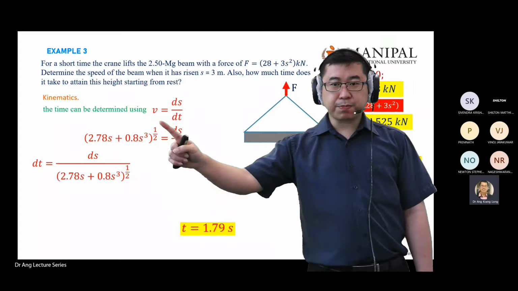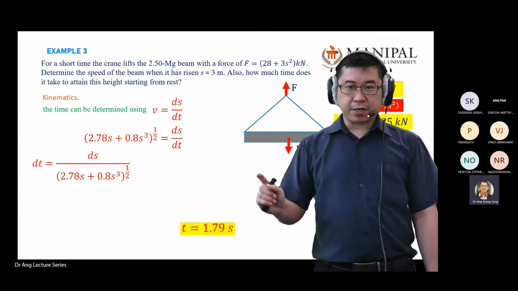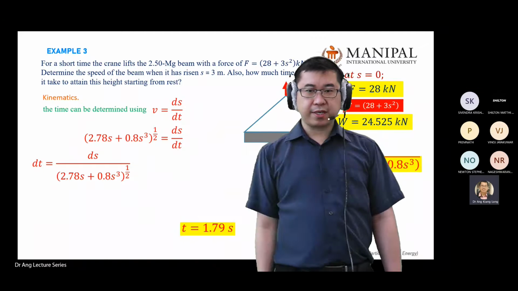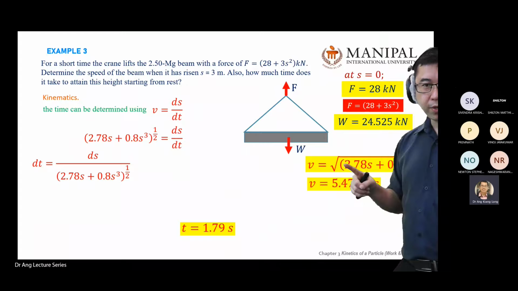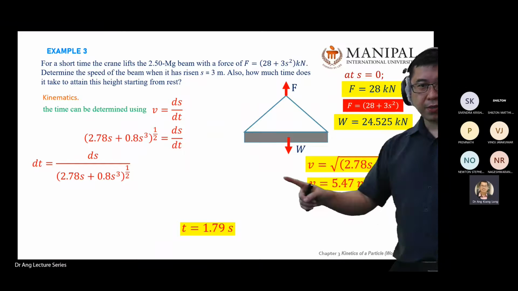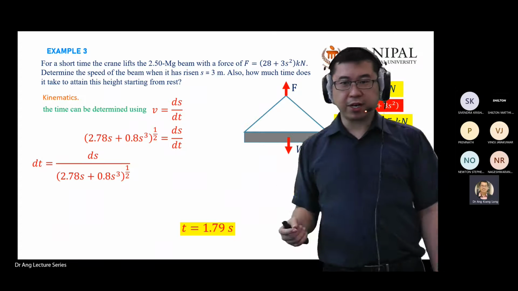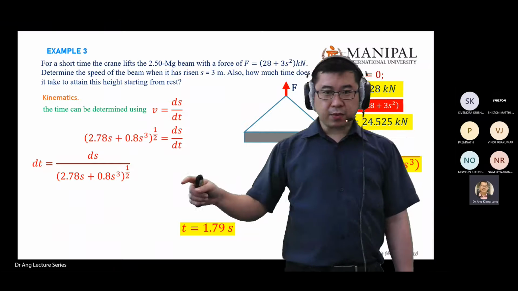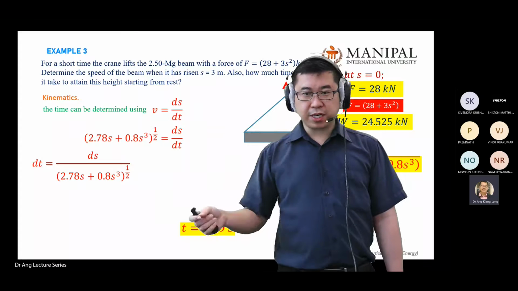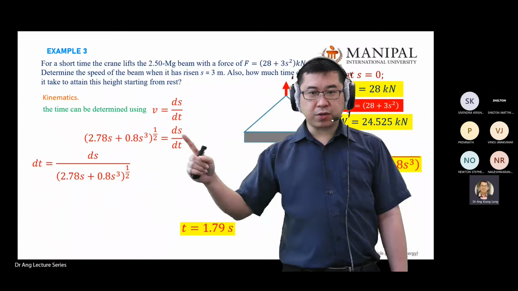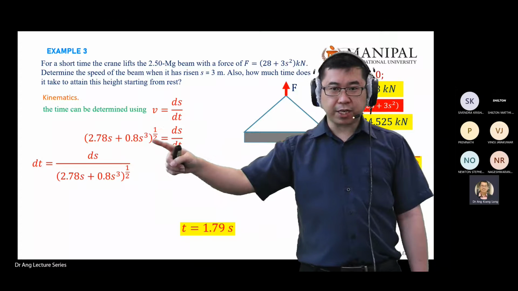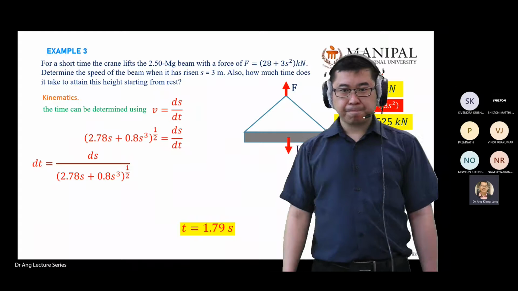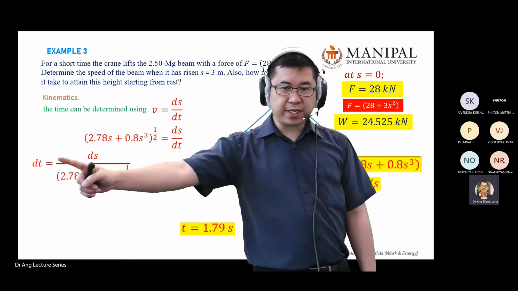I use exponential form because I know I need to integrate. The exponent one half is equal to the square root, because if I carry the square root symbol in the integration, it doesn't help much. When you do integration or differentiation, we always like to use exponential numbers. So now you have dt, you have ds.